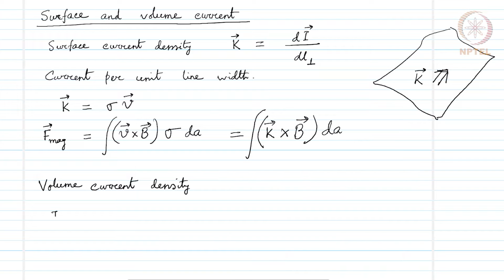And the volume current density is represented as J, which is the differential of the total current with respect to the perpendicular area, the cross section through which the charges are flowing perpendicularly.